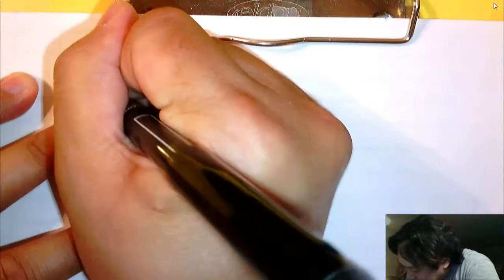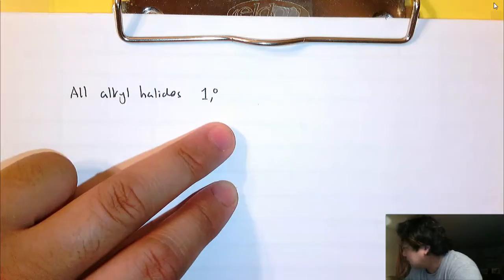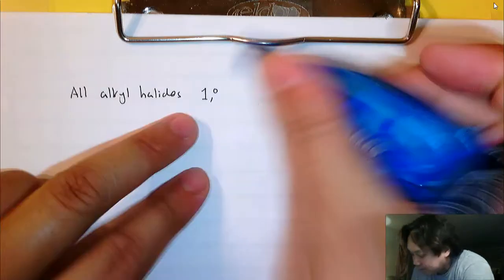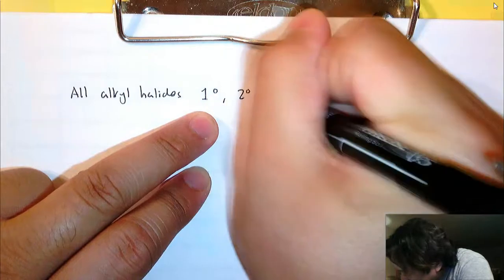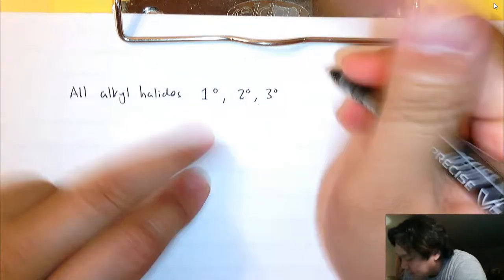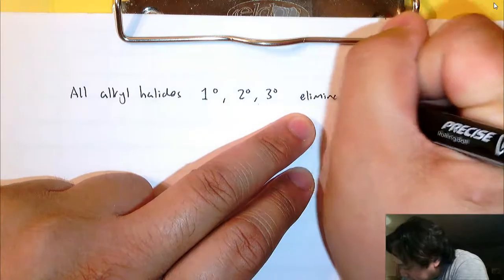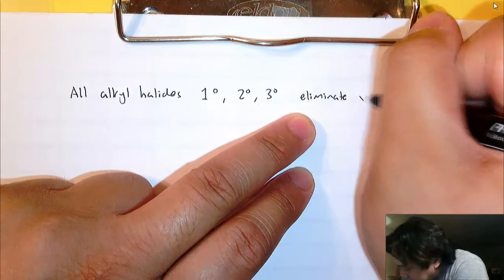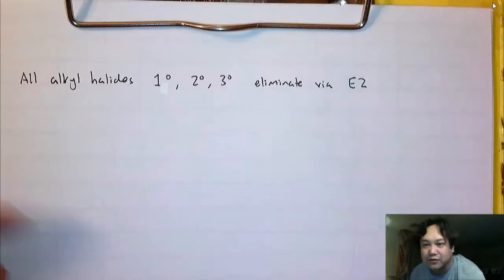All primary, secondary, and tertiary eliminate via E2. How? With strong base.